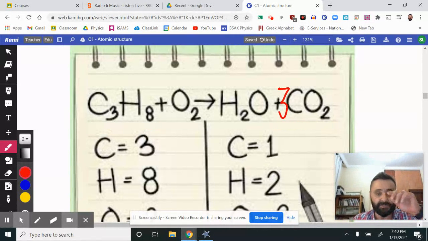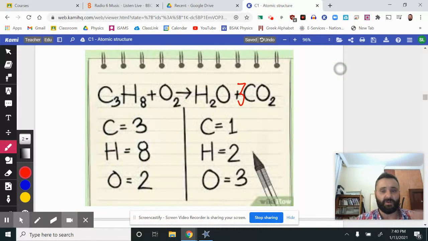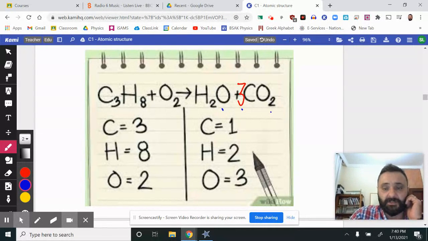Okay, right, so the carbons are balanced, but we've also changed the oxygens as well, haven't we? So what have we got oxygen wise? Well, on the right, we've got 1 plus 3 times 2. So 3 times 2 is 6, so we've got 7. Okay, right, let's go with the hydrogens then.